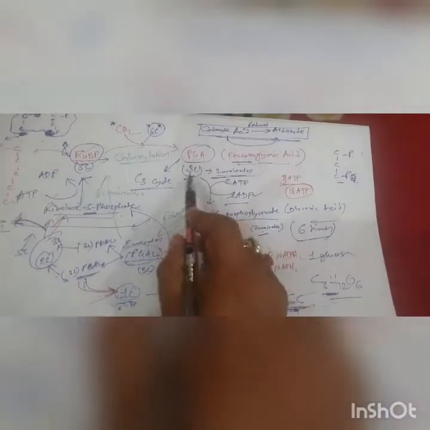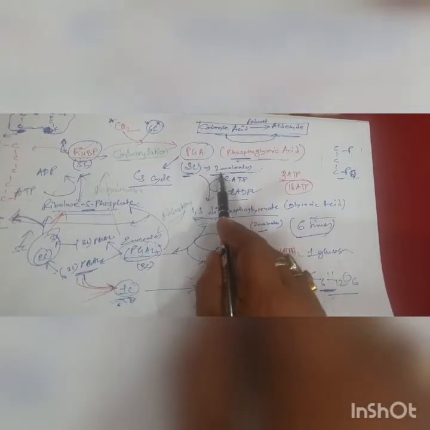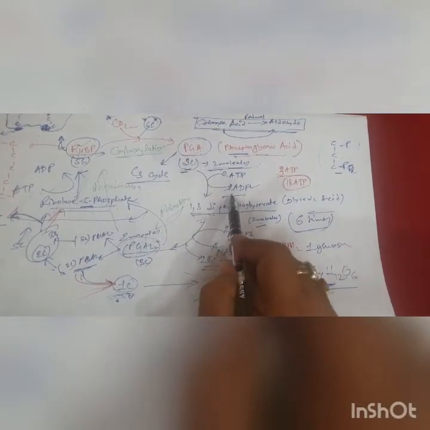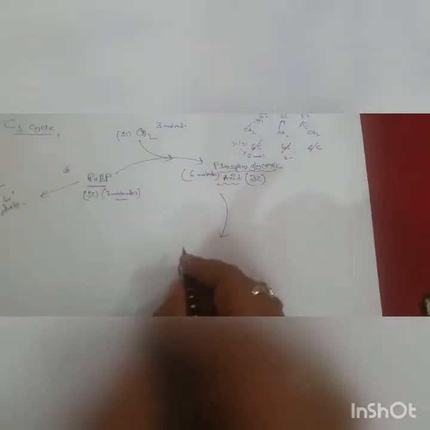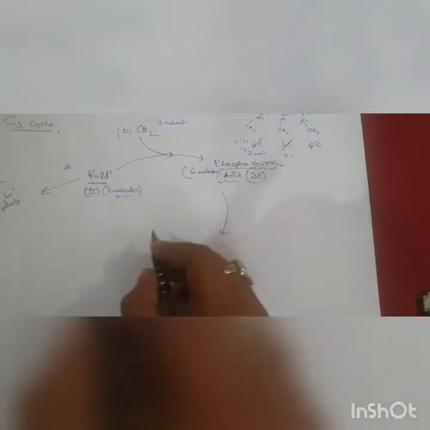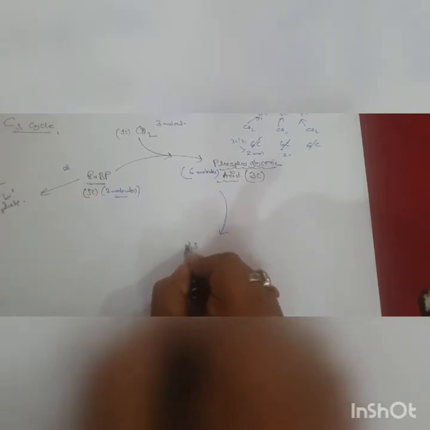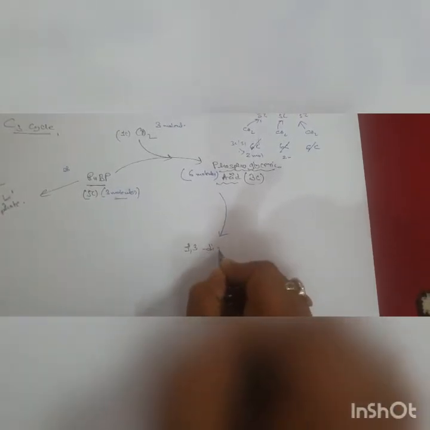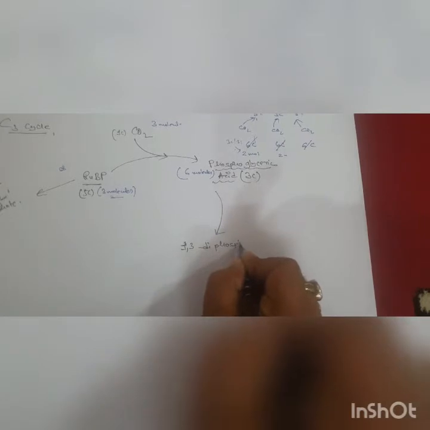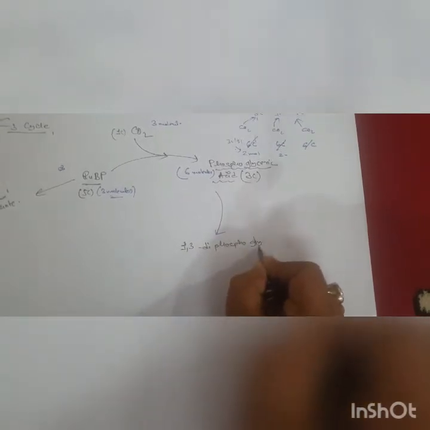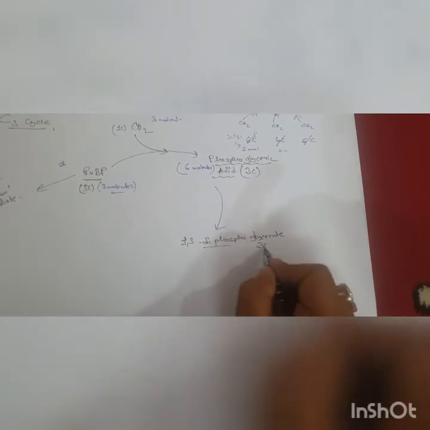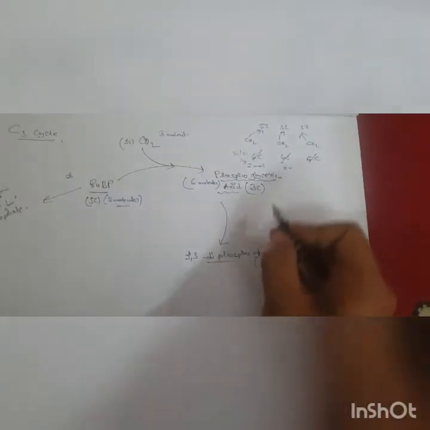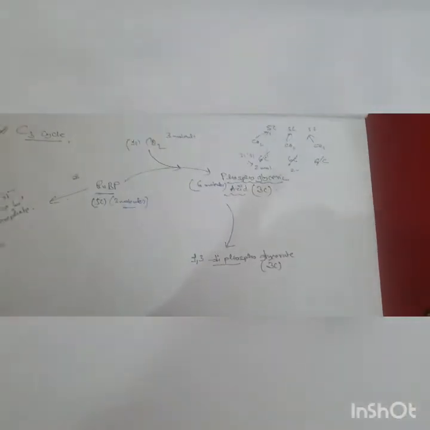Now when this is 6 molecules, and we go into the next step, previously, as there were 2 molecules, I had used 2 ATP to make 1,3 diphosphoglycerate. Now if I have to make 1,3 diphosphoglycerate, which is again a 3 carbon sugar, the difference is that 6 molecules of the 3 carbon sugar are present.